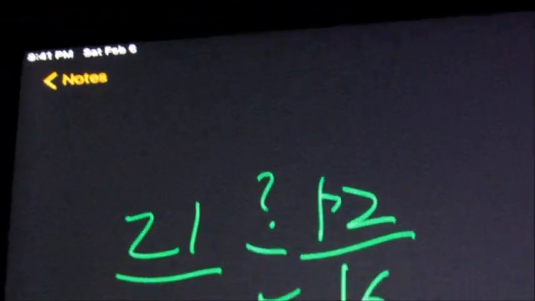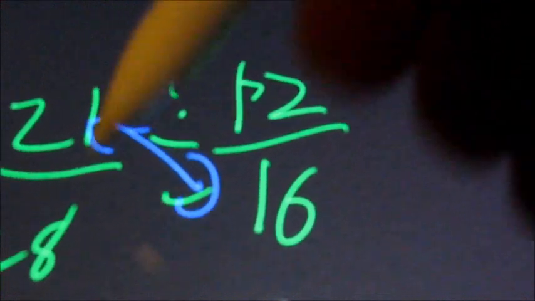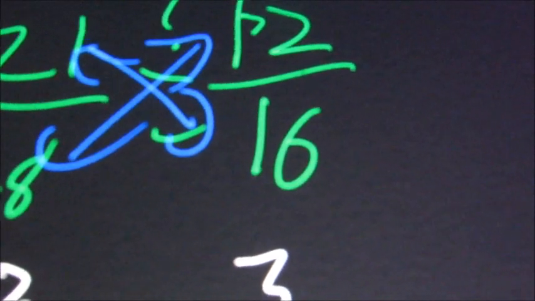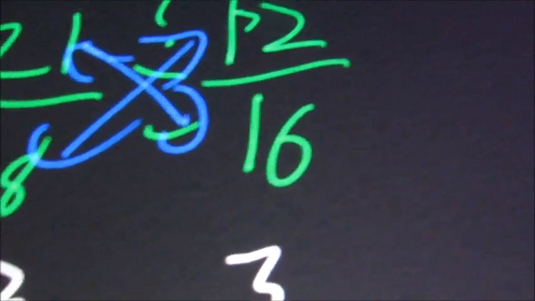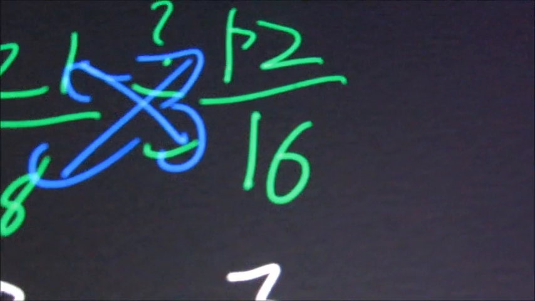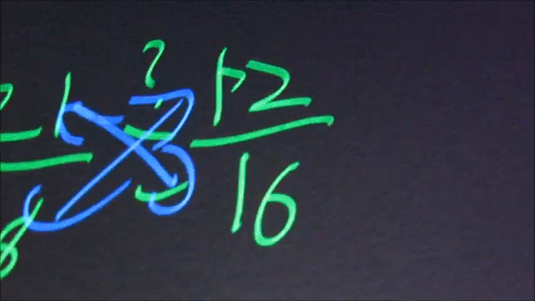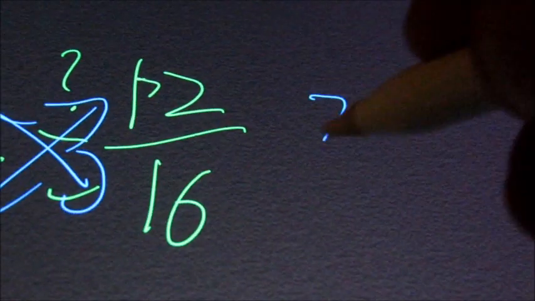The other method would be the cross multiplying. So 21 times 16 equals 336.